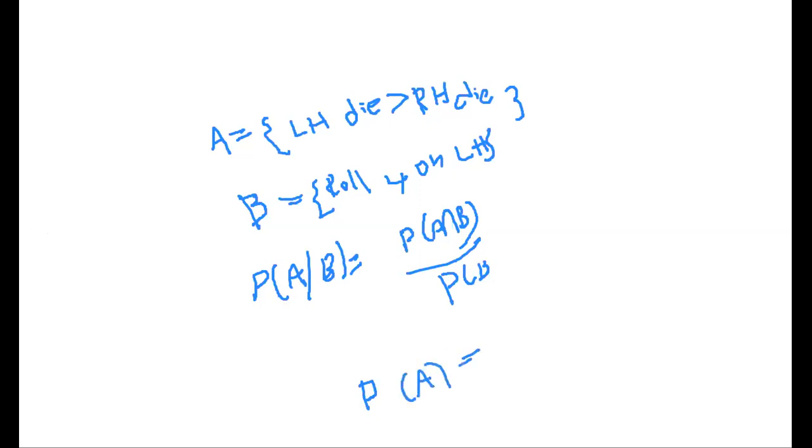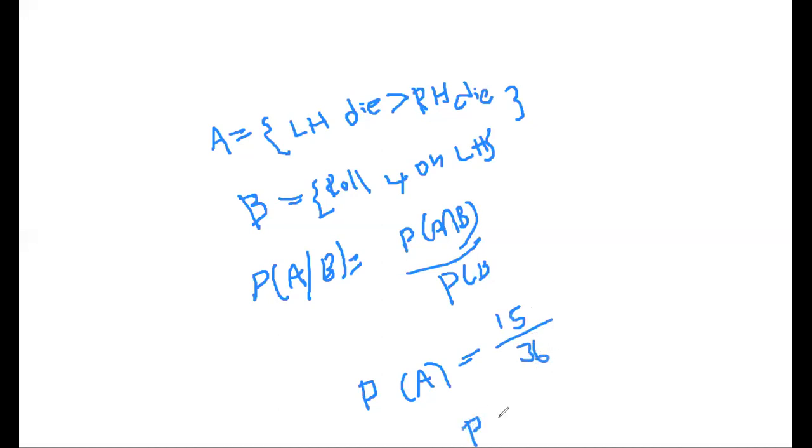Tell me. 2,1, 3,2, ... counting: 1, 2, 3, 4, 5, 6, 7, 8, 9, 10, 11, 12, 13, 14, 15. 15 elements are there in A. Is it clear? The total number of elements will be 36. That is P of A.